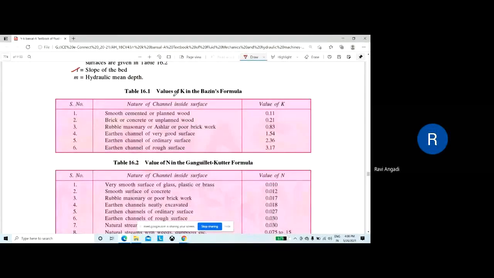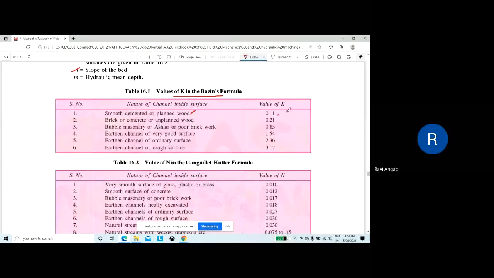And these are some of the values for the Bazin formula. K values are given here. As I told, the value of K depends upon the nature of the channel's inside surface. That is, smooth, cemented, or planed wood. So it depends upon the surface of the channel, how it is.